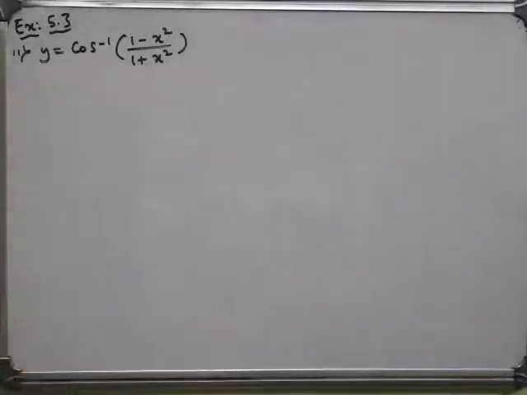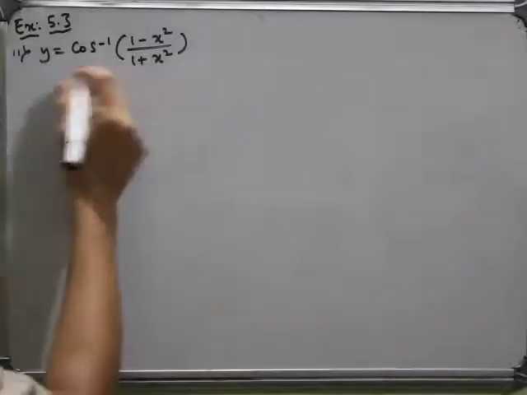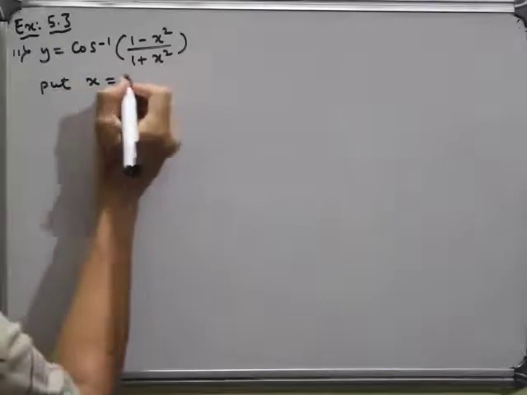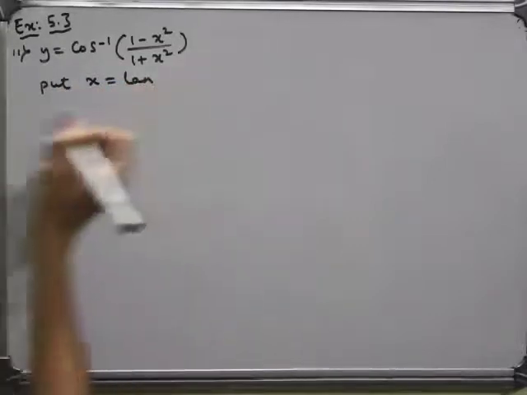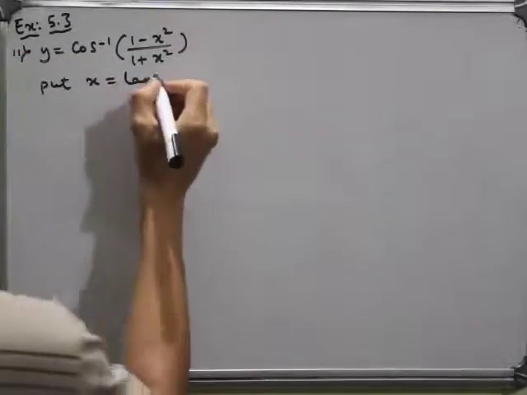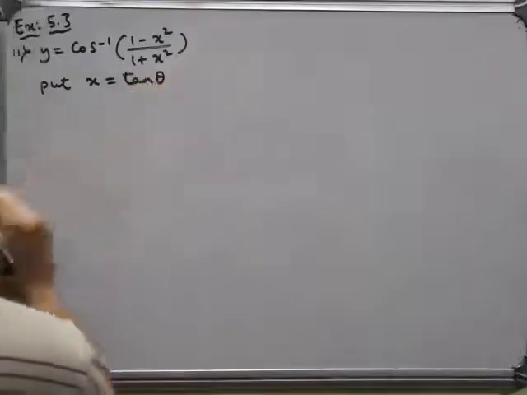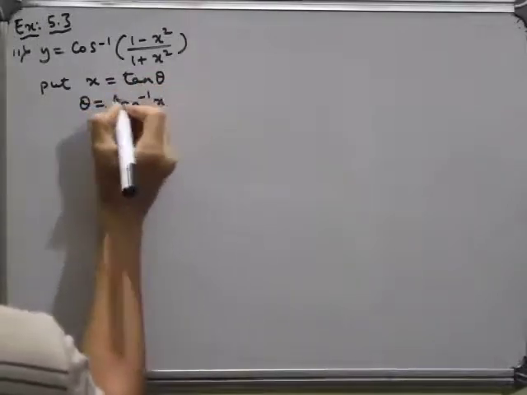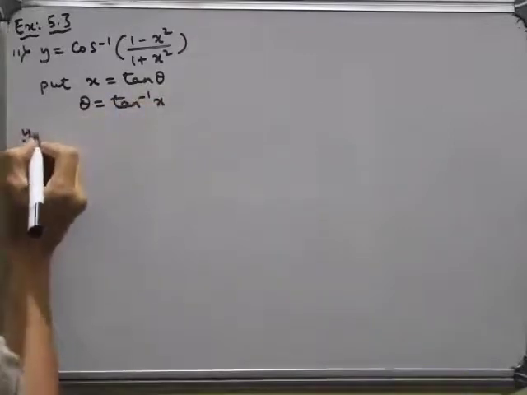So first step, what you have to do, again use 1 minus tan square theta by 1 plus tan square theta, that is cos 2 theta. So put x equal to tan theta and theta equal to tan inverse of x.